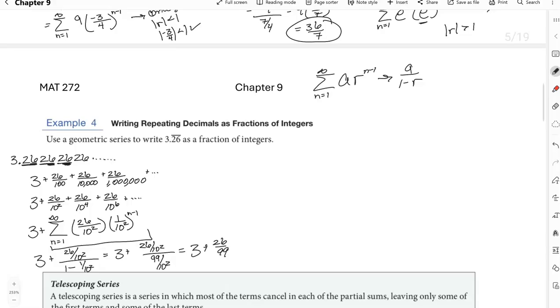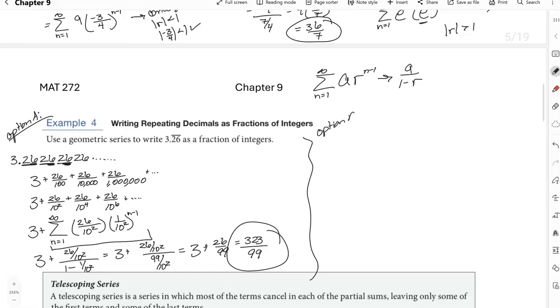So if I have 3 plus 26 over 99, which is 323 over 99, then that's going to produce that 3.26262626. So this is option A. I like option B. I think it's more intuitive.